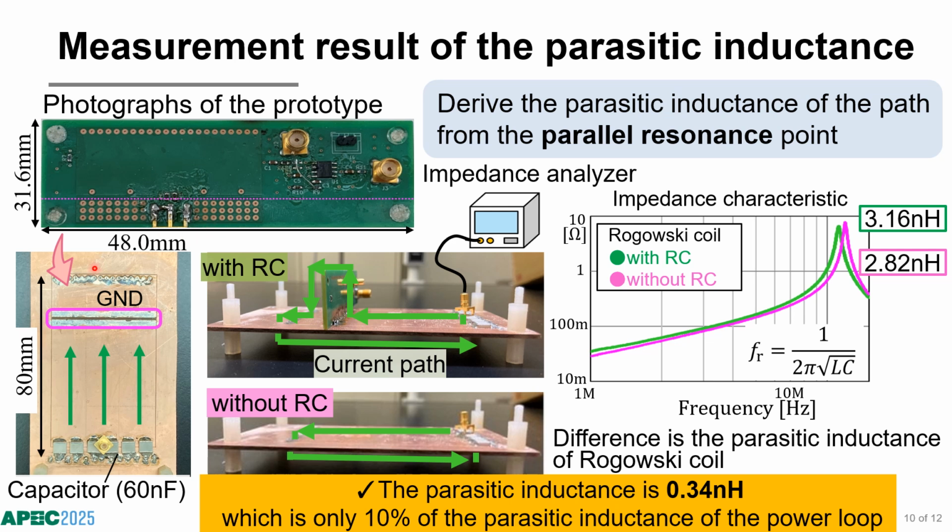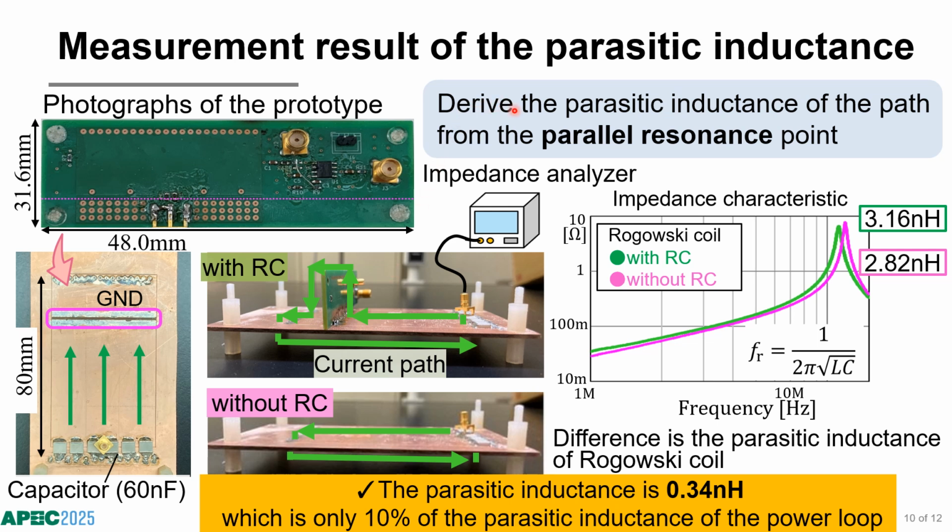The parasitic inductance is measured by using this external board, because the parasitic inductance of the proposed Rogowski coil is considered to be very small, so it is increased by using this external board, and the parasitic inductance is obtained from the difference in parasitic inductance of the current path with and without the Rogowski coil shown in this photo.